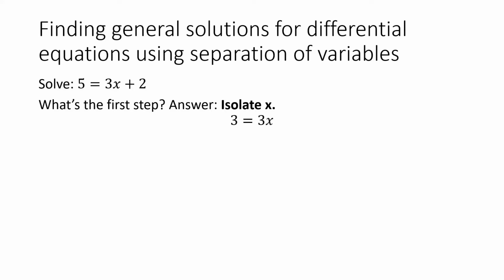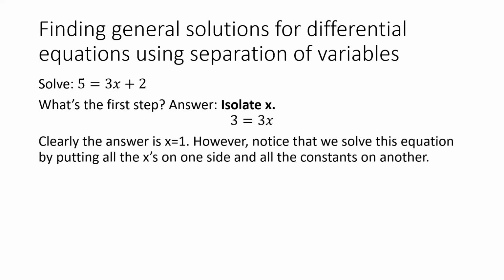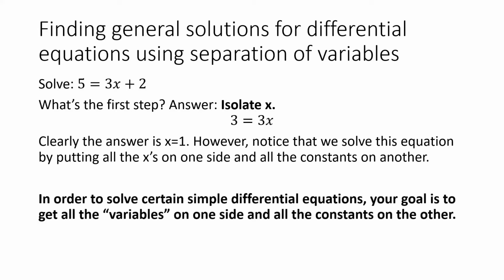In this case, easy, subtract 2. 3 is equal to 3x. Clearly, the answer is x is equal to 1. But we solve this equation by putting all the x's on one side and all the constants on another. For certain simple differential equations, your goal is to get all the quote-unquote variables or functions, for example, y, on one side, including the derivatives, and all the constants or x's on the other.